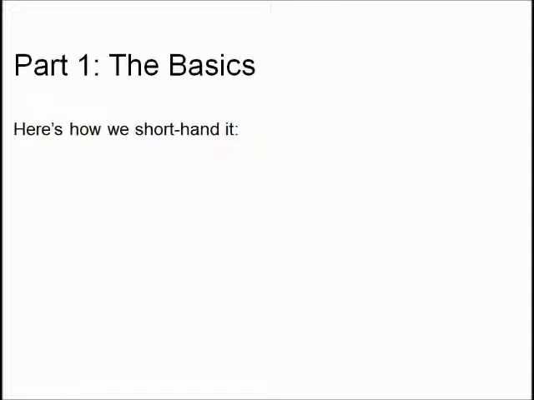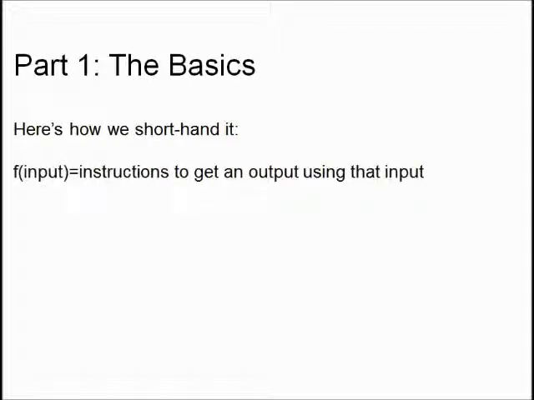Here's how we shorthand this particular function. Here's our notation. We say f, and then in parentheses we put the input, equals. Then on the right-hand side, we give the instructions on how to get an output using that input. Remember, a function is just an input-output machine.